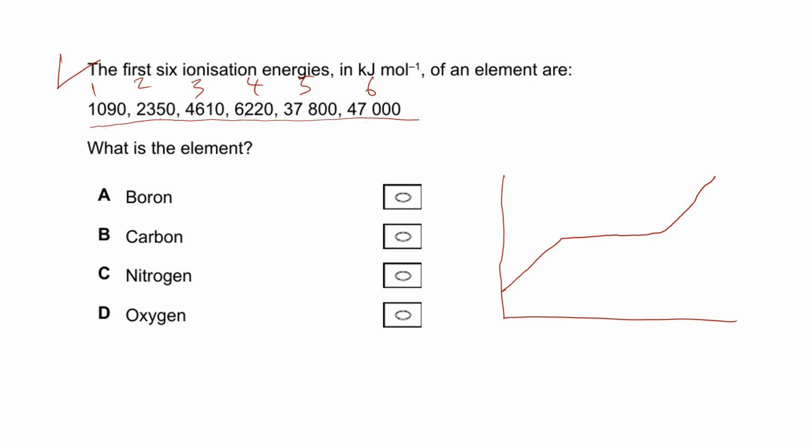So this basically shows that we have entered into a new shell. All right, so whenever you see a very significant spike increase in ionization energy, it shows that you have entered into a new shell, a new shell that is closer to the nucleus.